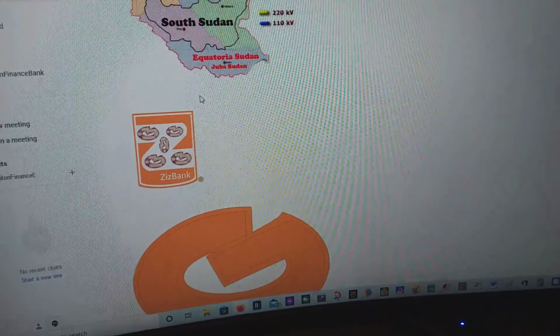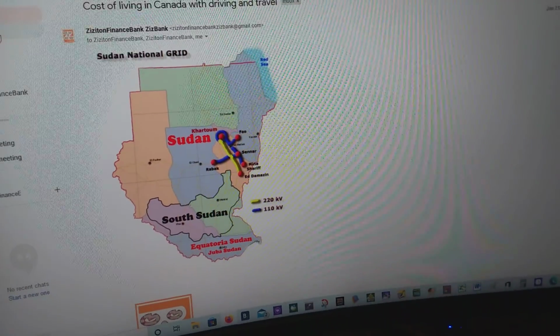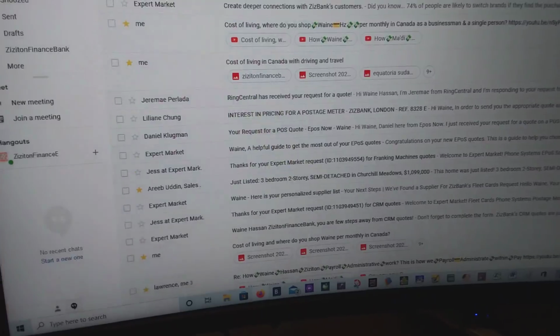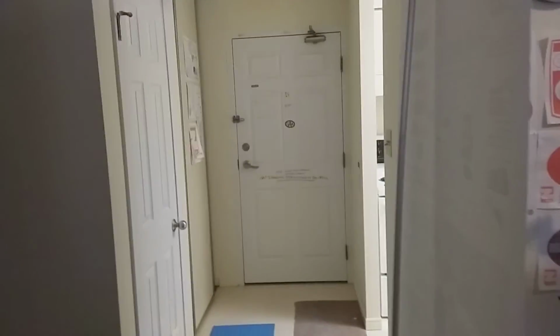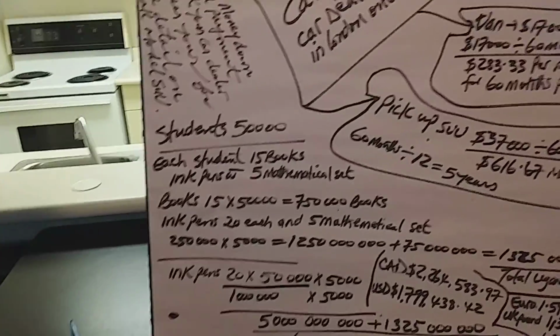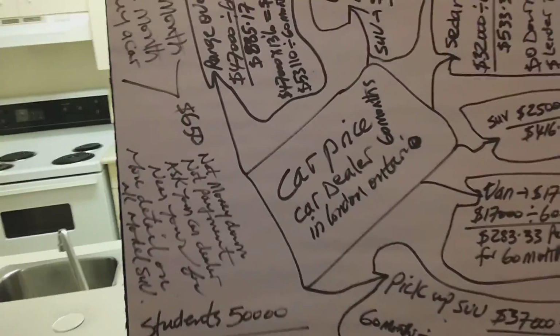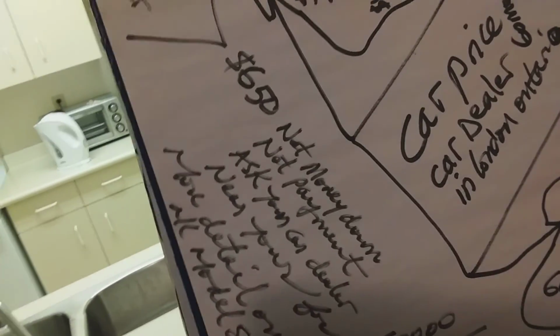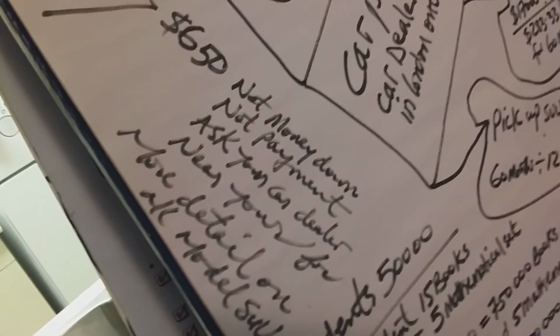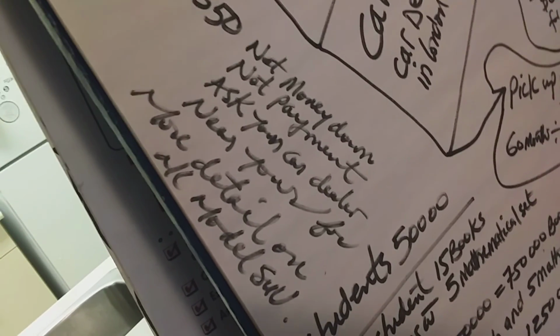Those are just an overview of the major areas we are covering: how much a vehicle costs to purchase, and if you want to lease on a contract with no money down, no payments.